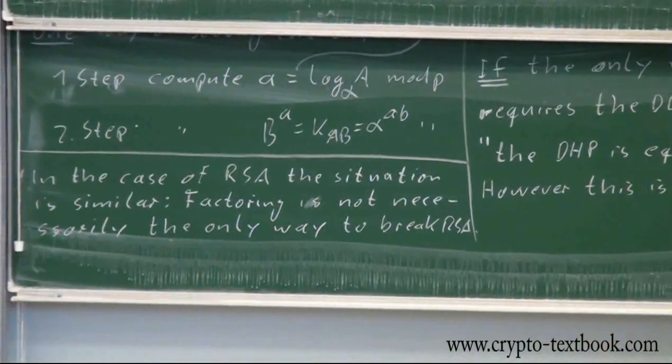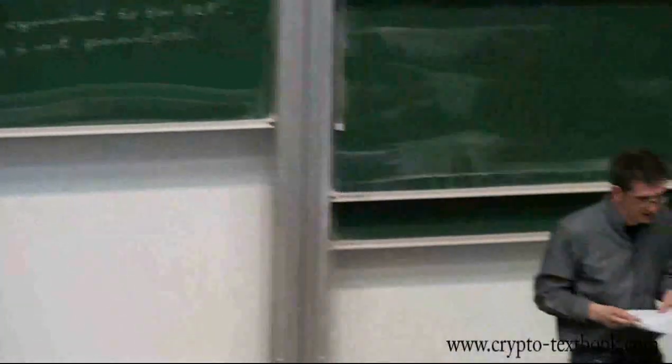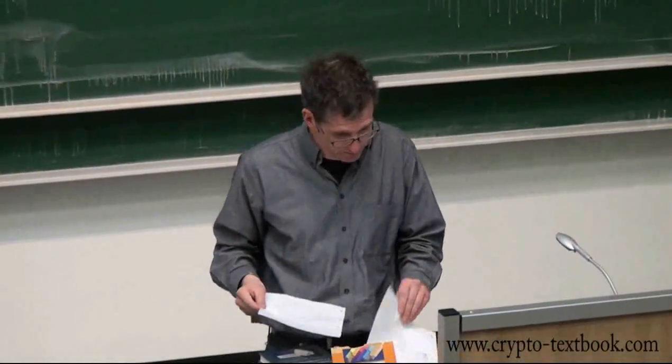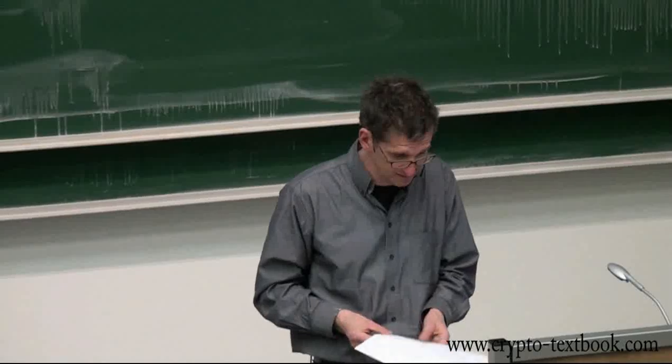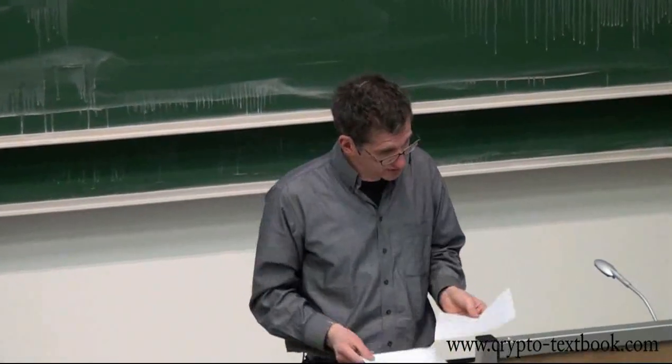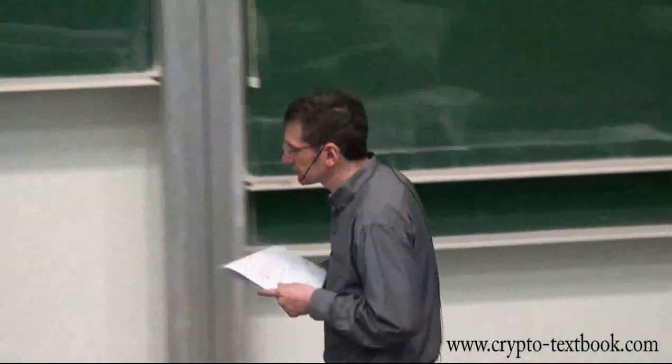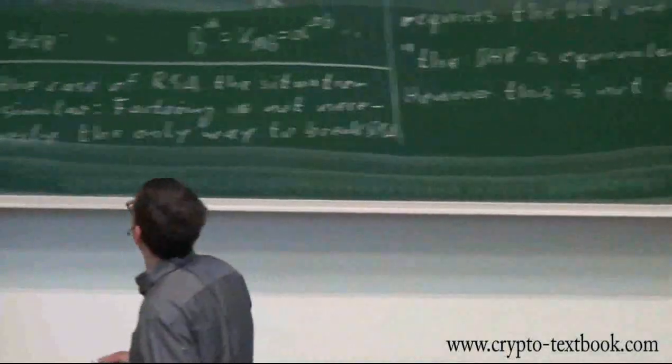It's just the best thing we know today. That's what people talk about, factoring. And actually there are a few big prominent crypto people and number theorists who say, well, there should be a better way. Gut.